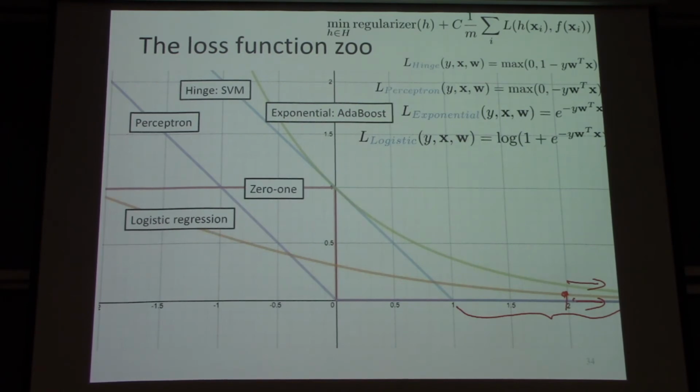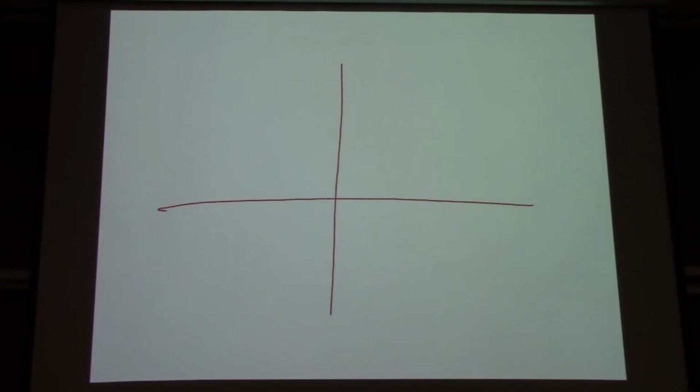And these curves all look so different except the 0-1 loss. Actually all of them look different. But if you zoom out this picture, and I don't have that so I'm going to try to draw it, the 0-1 loss still looks like this.